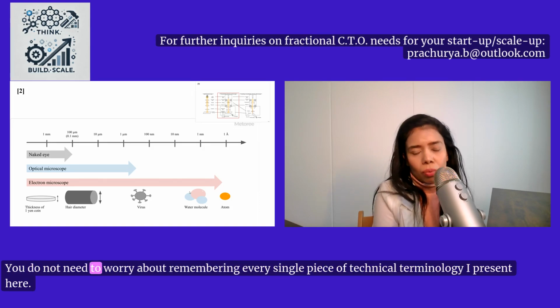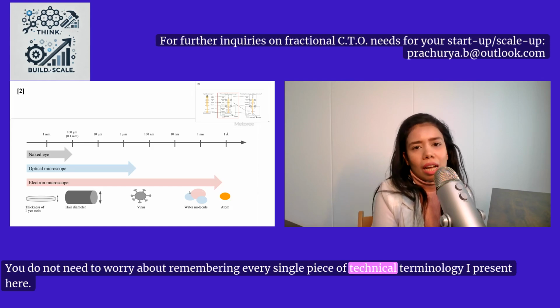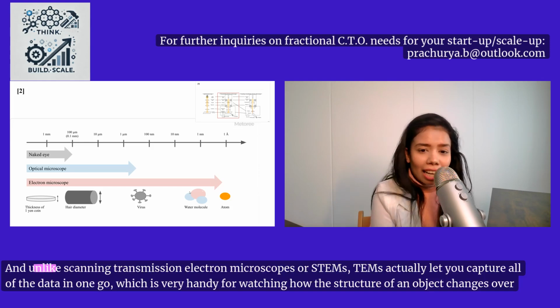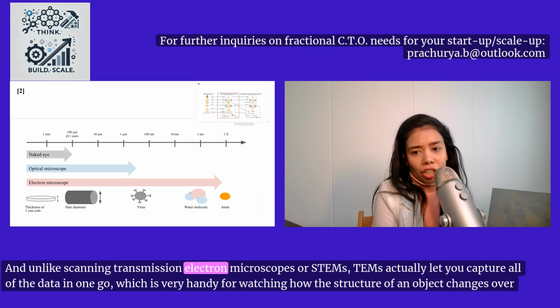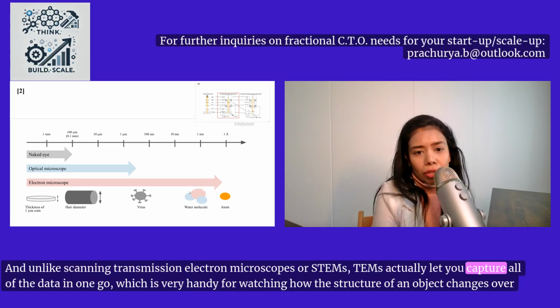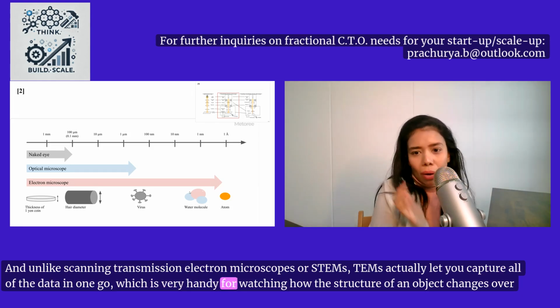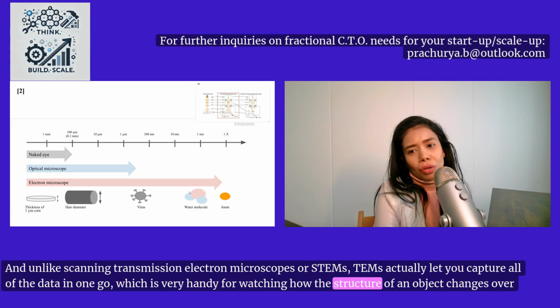You do not need to worry about remembering every single piece of technical terminology I present here. And unlike scanning transmission electron microscopes, or STEMs, TEMs actually let you capture all of the data in one go, which is very handy for watching how the structure of an object changes over time.